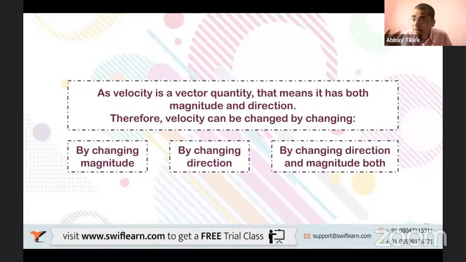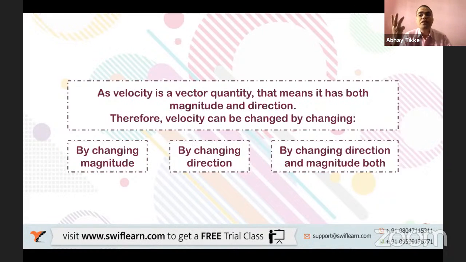Second thing is by changing direction. Direction change करके भी आप velocity change कर सकते हैं. Velocity vector है, इसको magnitude और direction, either I change the magnitude or second, direction. Thirdly, by changing direction as well as magnitude, दोनों भी change कर सकते हैं. Direction भी, दिशा भी change कीजिए और उसका magnitude भी change कीजिए, right?